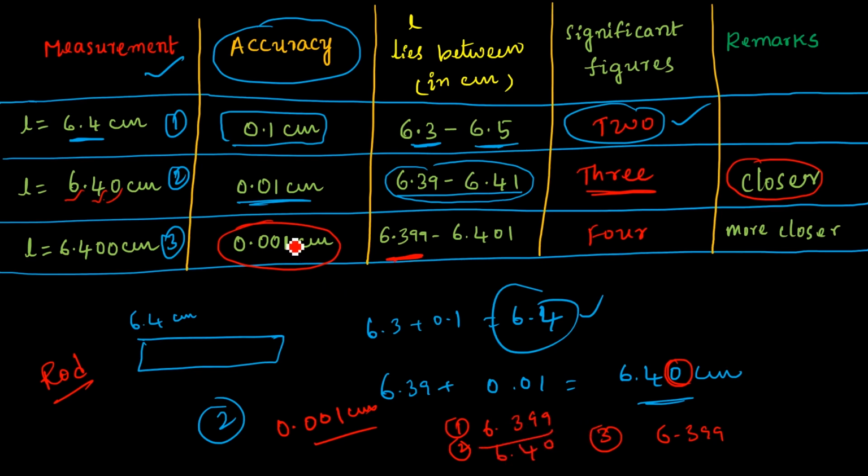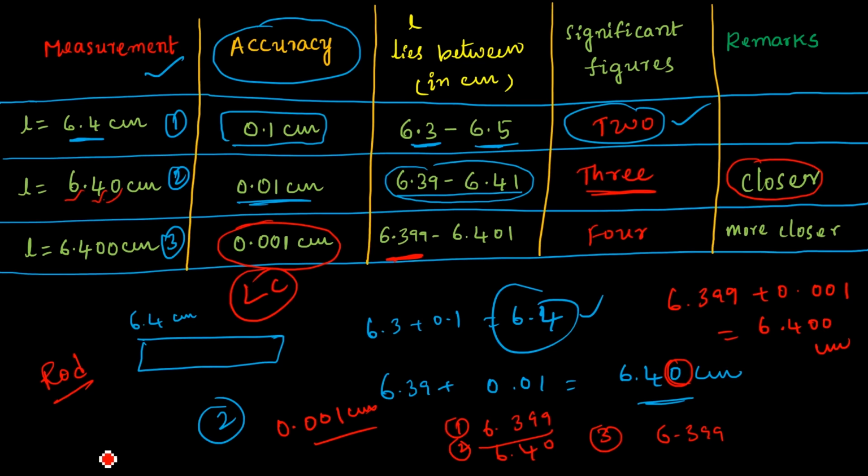For that you add the accuracy value, that is, the least count we can consider. This least count we have to add to the value. Then we get 6.399 plus 0.001.